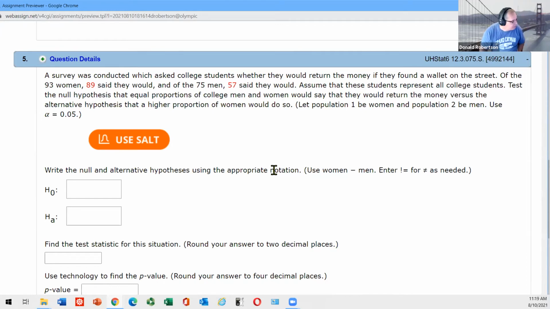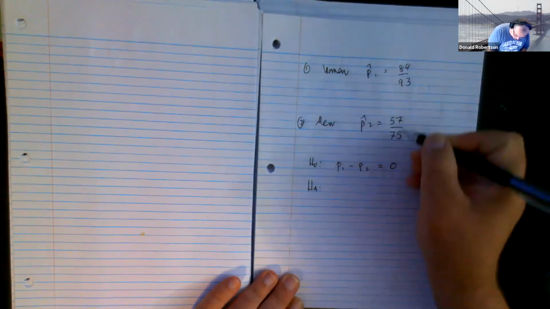Okay, so let me just go out a bit and put that on paper. The null hypothesis is that they're equal. And the alternate hypothesis is that women are more honest, right?